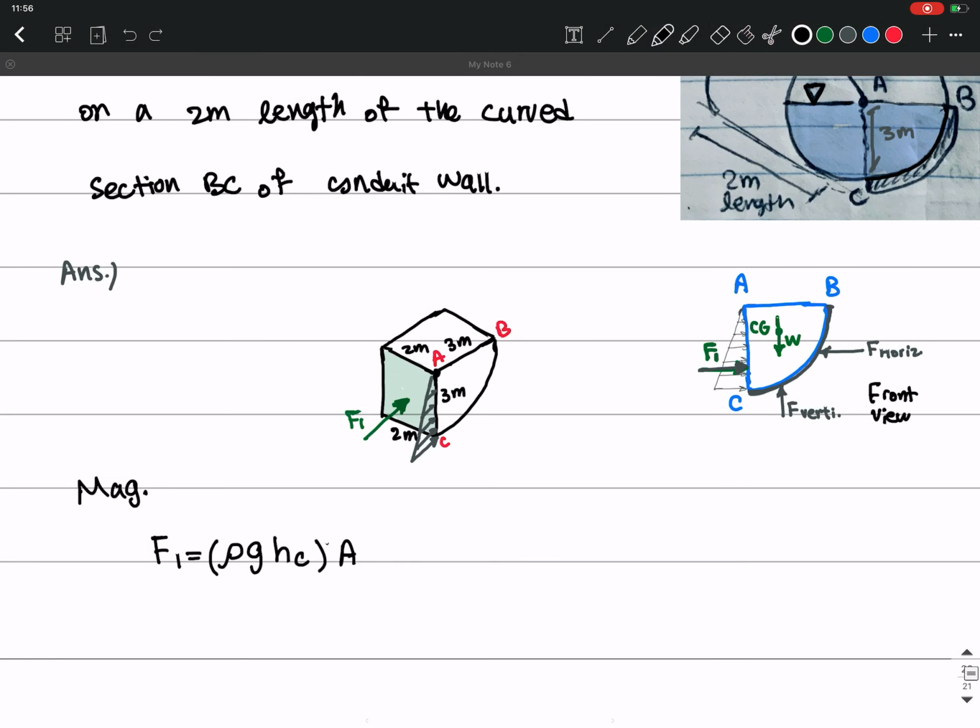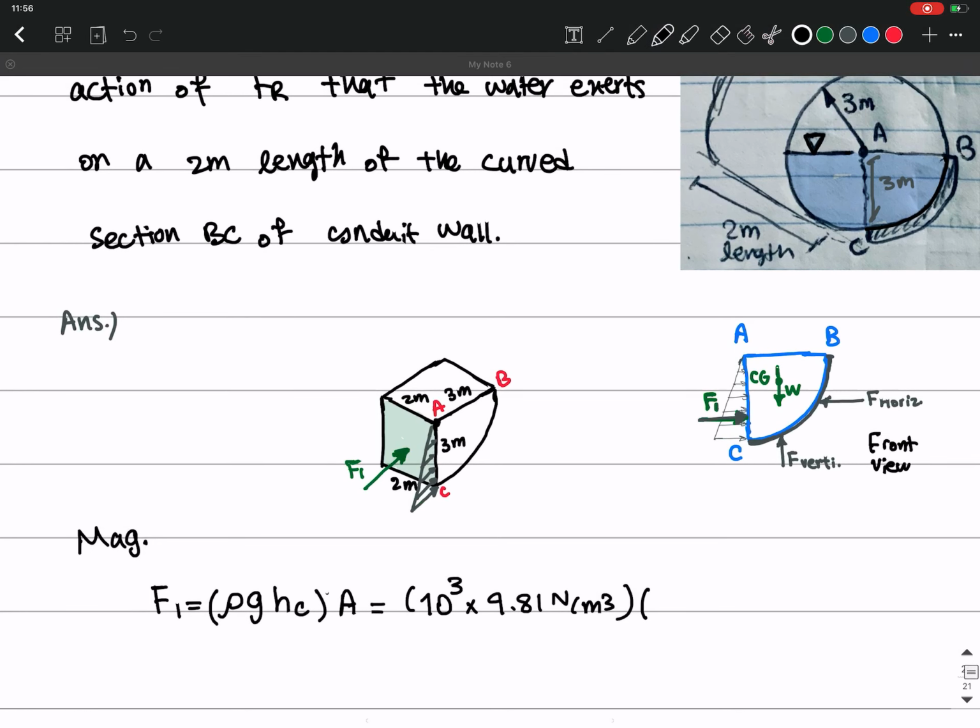So it will be 10 to the 3 for the density of water, times g, which is 9.81 Newton per meter cube. And then hc is going to be 3 meters over 2. This is going to be the hc.